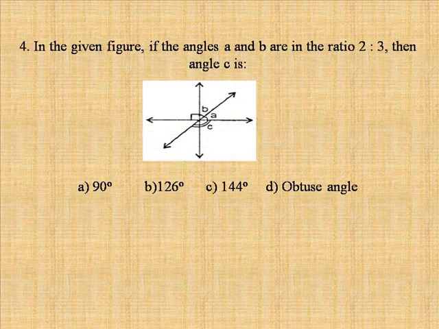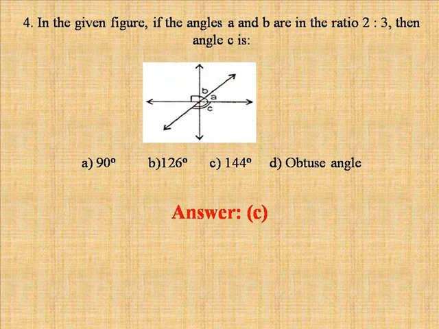Question number 4. In the given figure, if the angles A and B are in the ratio 2:3, then the angle C is. You need to find the angle C. So you have the 4 options. Let's see its answer. The answer is C, that is 144 degrees.